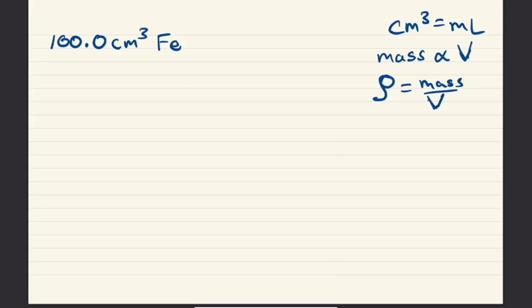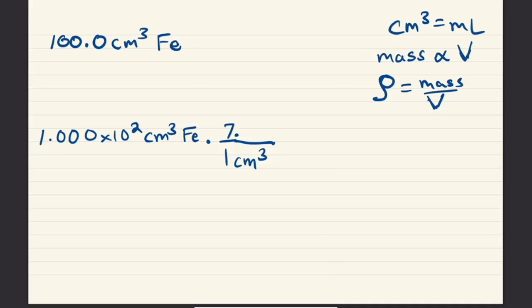I'm going to show you that you can do all of this in dimensional analysis: 1 times 10 to the 2 centimeters cubed of iron, multiplied by the density, 1 centimeter cubed, and 7.874 grams of iron per centimeter cubed.